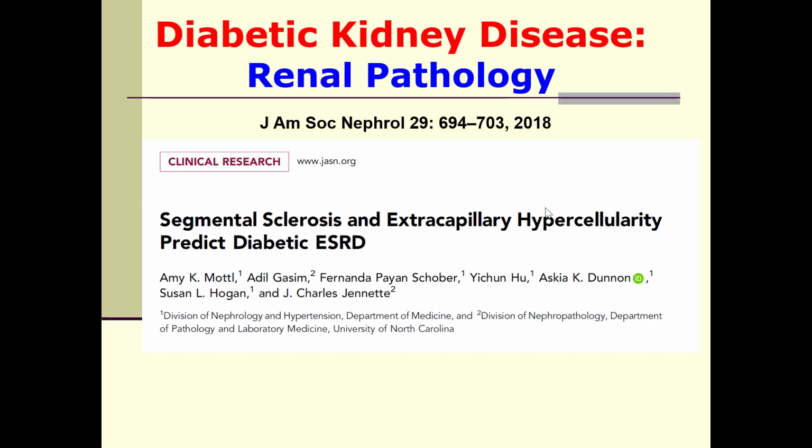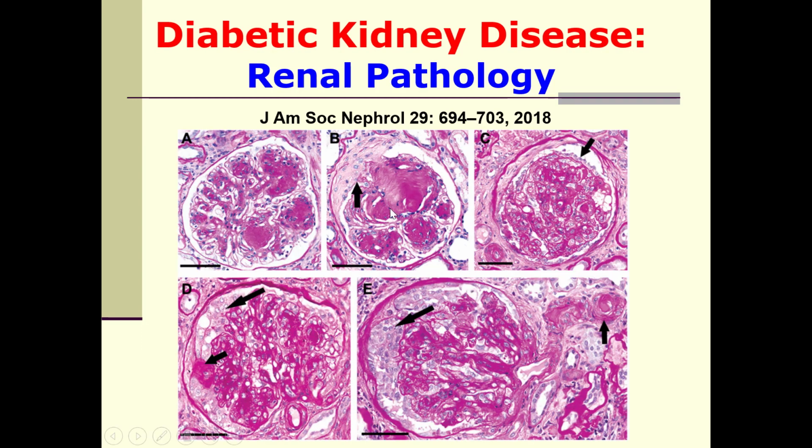Even for pathology of diabetic nephropathy, nowadays two of the pathological phenomena are segmental sclerosis and extracapillary hypercellularity. These two lesions may predict evolution of diabetic kidney disease toward interstitial disease. So this is the extracapillary hypercellularity, and this is the segmental sclerosis.